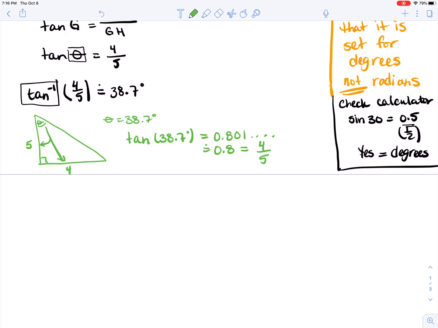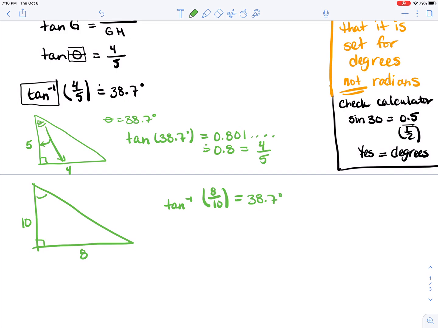How do I exactly know it's 4/5 and not 8/10? For the angle, if you put tan inverse 8/10, you'll get the exact same answer for theta. It'll be 38.7 degrees. This triangle here and this triangle here are similar triangles.